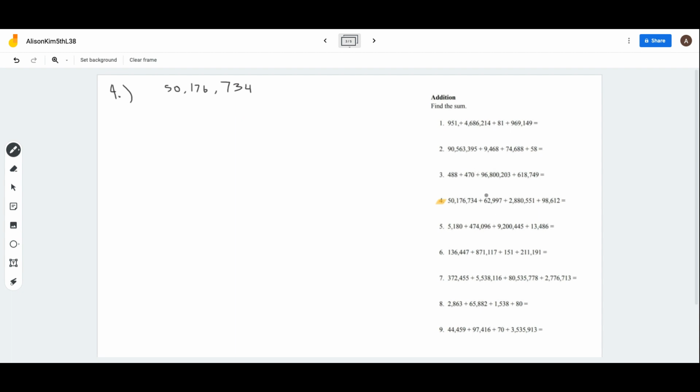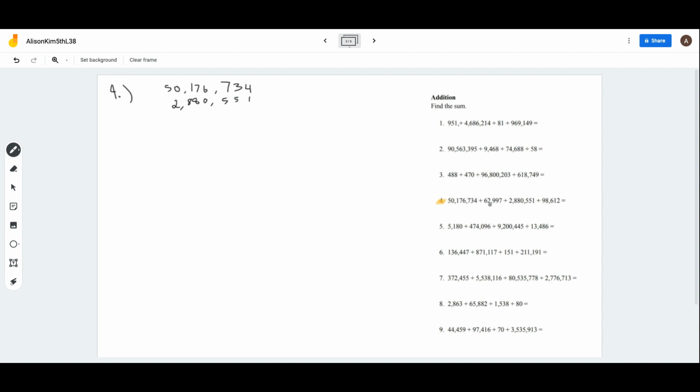And then we see that 2,880,551 is our second greatest number, so it's going to be 2,880,551.